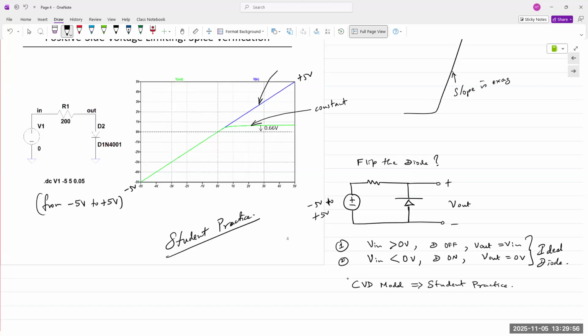Just on a side note, if you simulate this in LTspice, there are 4 combinations you can try. You can try first this combination, right? Positive of the source is at the top, anode is at the top. Then you can flip the diode so that the anode is at the bottom. Then you can also flip the voltage source so that the negative is at the top and positive at the bottom.